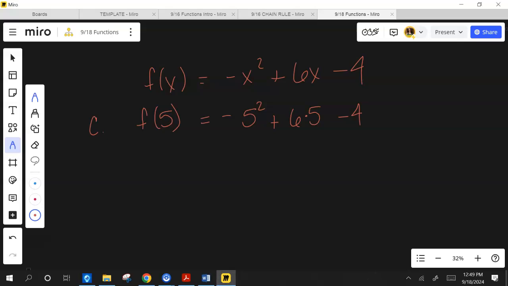What's 5 to the second power? 25. So I got negative 25 plus what's 6 times 5? Add them together. What do you get?